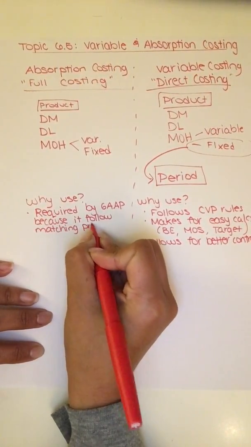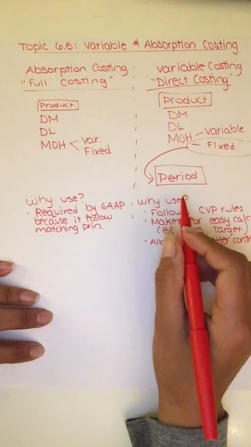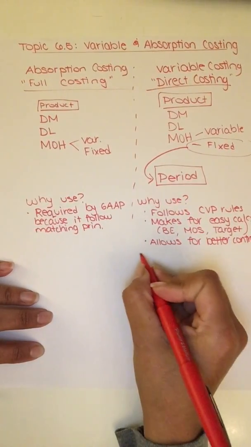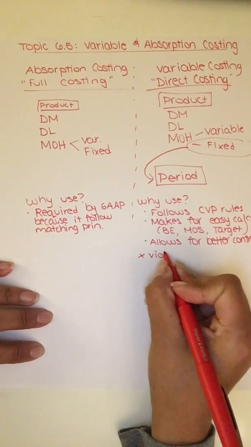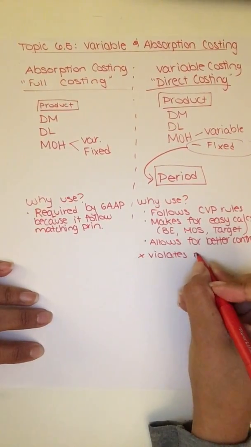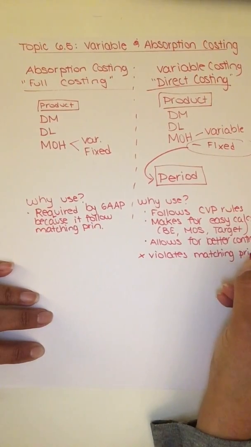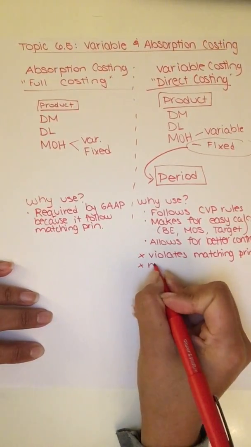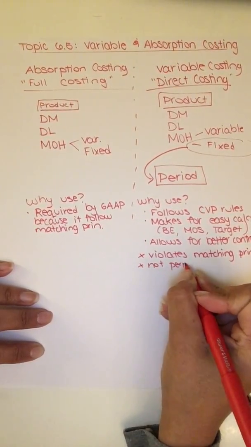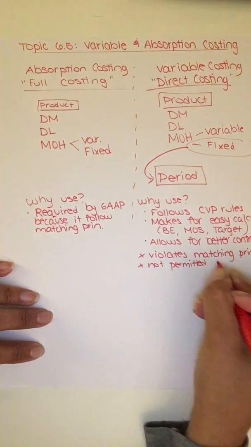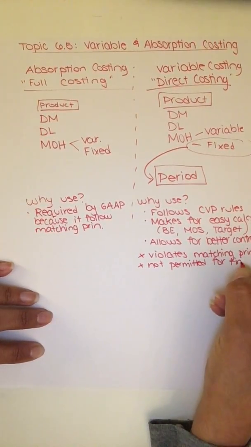Matching principle. Whereas with variable costing, one of its disadvantages is it violates the matching principle. And therefore, the variable costing method is not permitted for financial reporting.